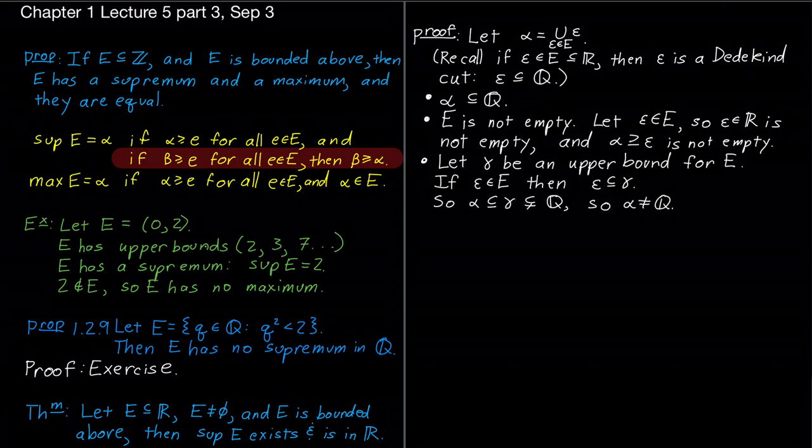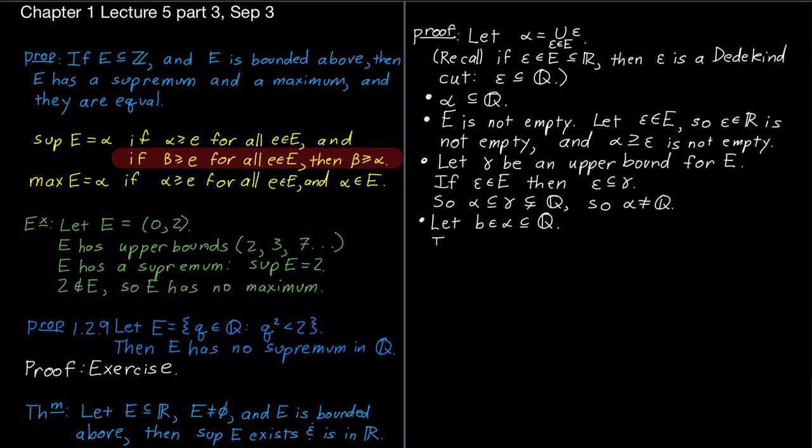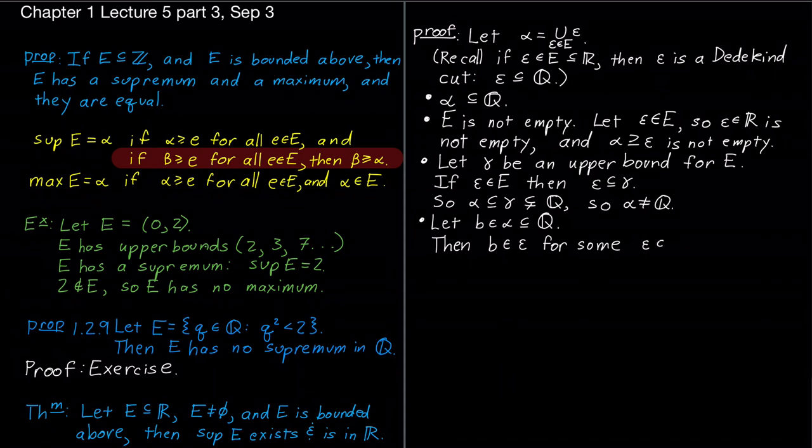All right, now we need to check those slightly more complicated axioms of Dedekind cuts. So first off, let B be in alpha, meaning B is a rational number. Then B is in epsilon for some epsilon in E, because alpha is just, the union is just everything that's in those epsilons.